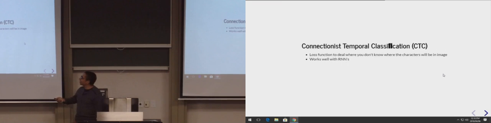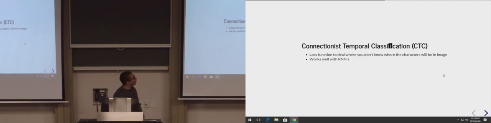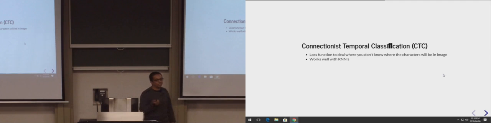While I was reading up on this stuff, I found this loss function called Connectionist Temporal Classification, or CTC. It's a nice function where you can have some kind of output, and you don't really care about the alignment of where the characters are in this output.